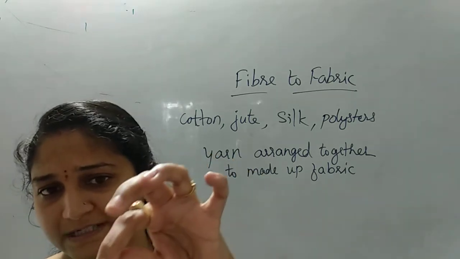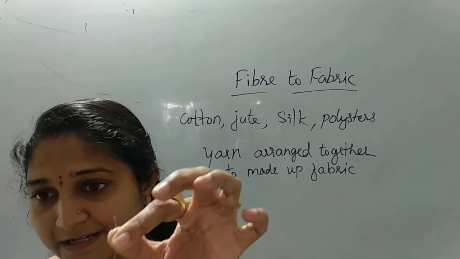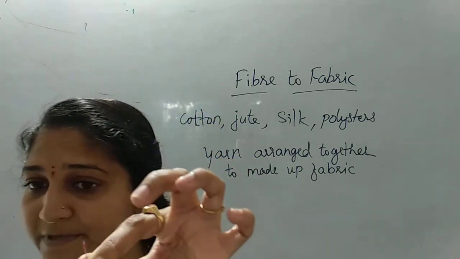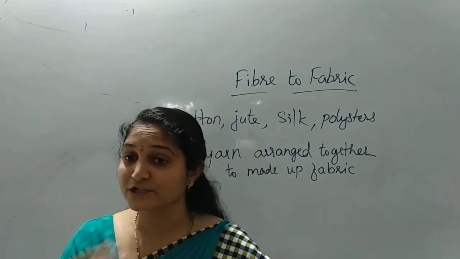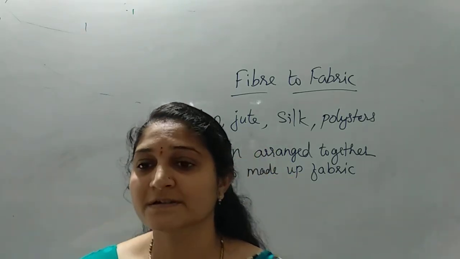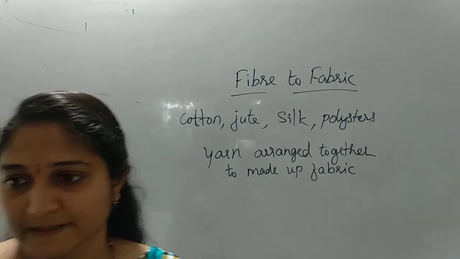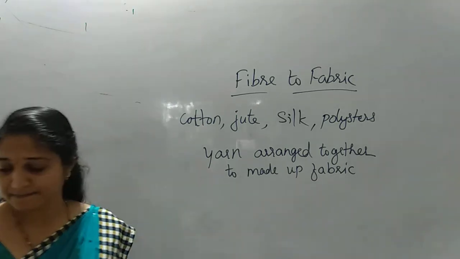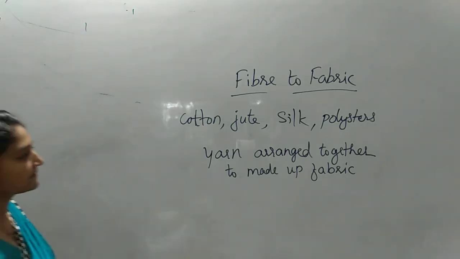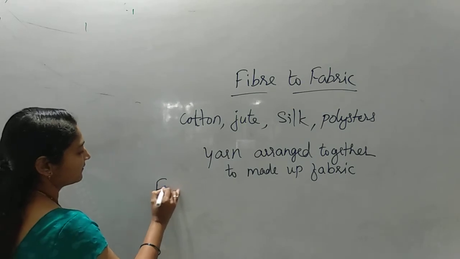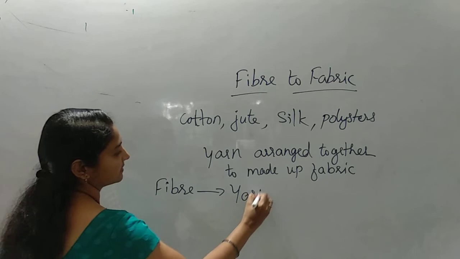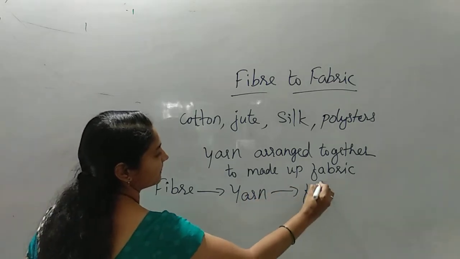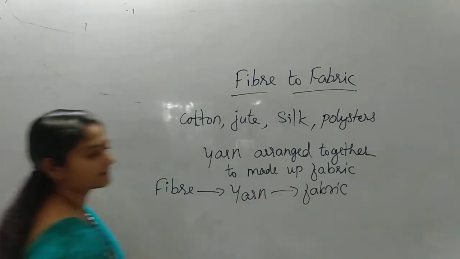This is what? A thin thread, right? Like this, each fabric is made up of thin threads. These thin threads together form one fabric. Then how is this yarn made? We know that it is fiber to yarn, then yarn to fabric.